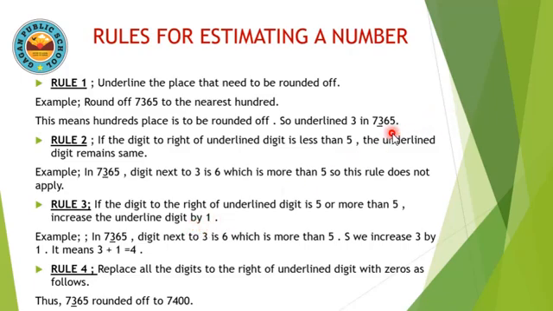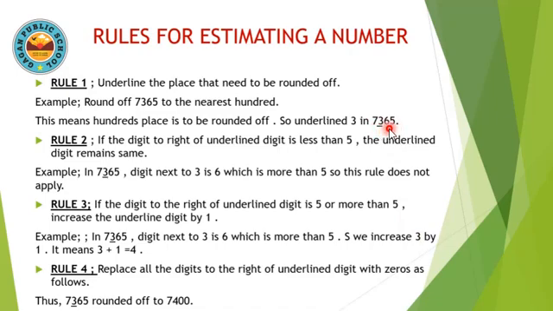That means the digit right of the underlined digit is 6, it means 6 is between 5 and 9, so 6 is greater than 4, so the underlined digit is increased by 1, it will become 4. Okay, so 3 plus 1 is equal to 4. Now replace all the digits to the right of the underlined digit with zeros. Okay, then it will become 7400.